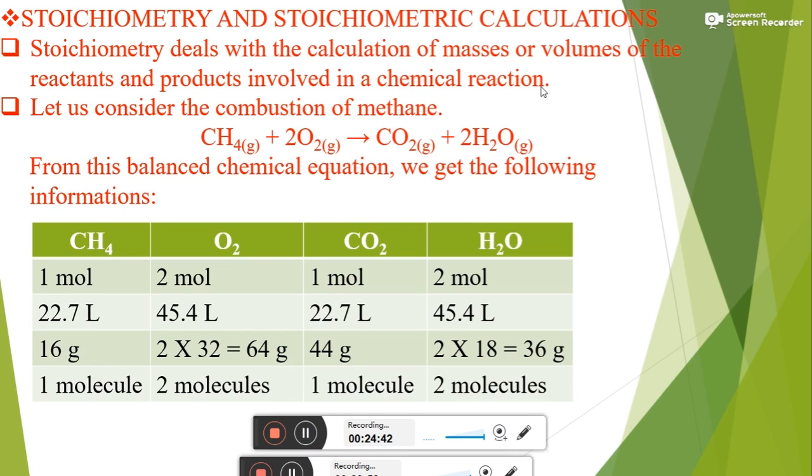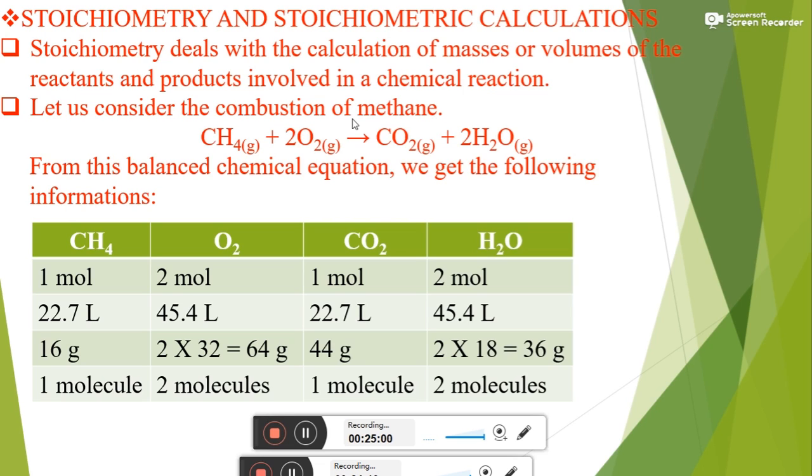So in a balanced chemical equation, the calculation of masses or volumes of reactants and products is done in stoichiometry. To understand it, let us consider the combustion of methane.